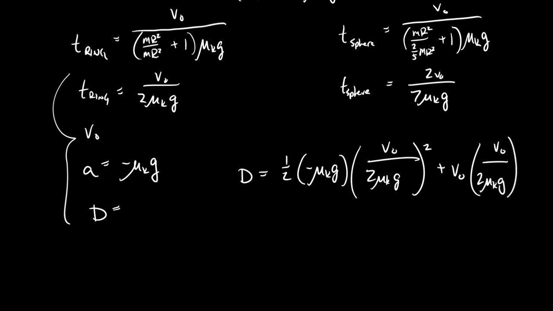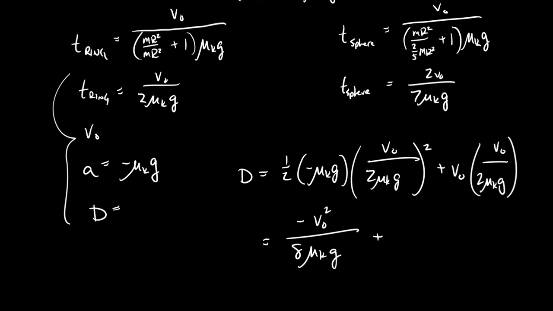Is that the distance? Looks good to me. I see a mu kg in the numerator here and a mu kg squared in the denominator there. So one of those is going to cancel out, but I also see the 2 squared. So I think all of this will be v naught squared over 8 mu kg and is negative.